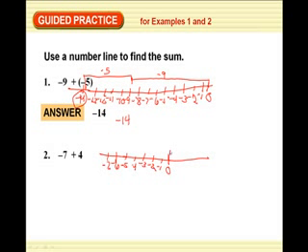So the first step is to go to -7. So that's to the left. And then I got a +4, so I have to go back to the right 4. 1, 2, 3, 4, which puts me at -3. So -3 plus 4 is, or excuse me, -7 plus 4 is -3.